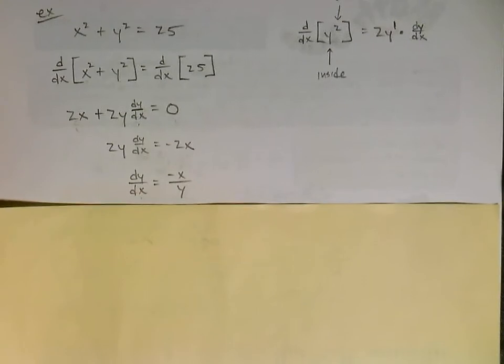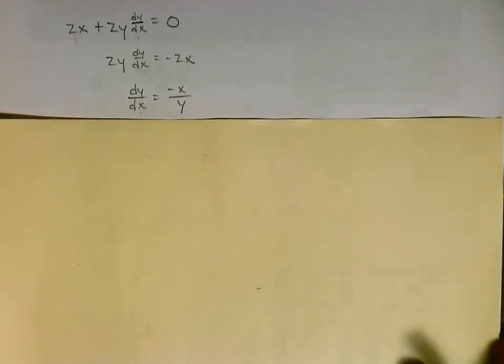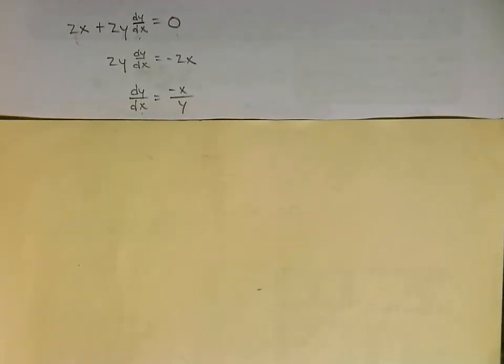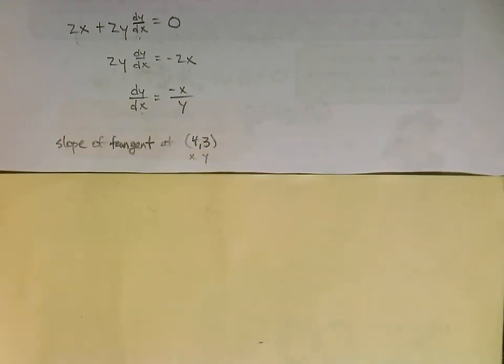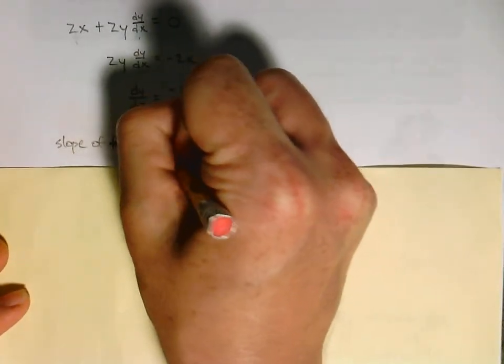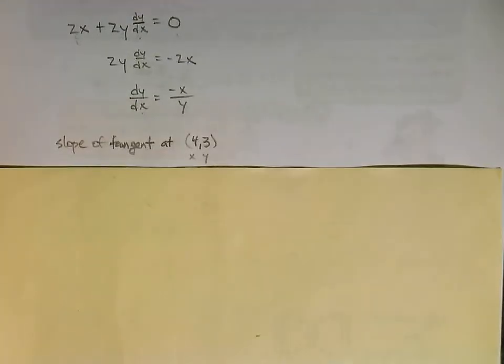Now, if we consider that, for the specific point that I marked on that circle, right, the point (4,3), what is that going to imply? What's the slope of the tangent line at the point (4,3)? Well, you notice the point (4,3) has an x-coordinate and a y-coordinate.